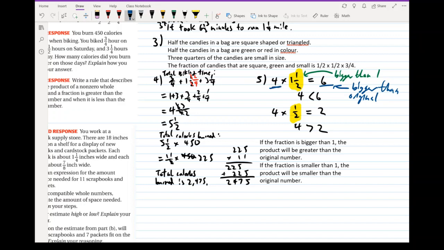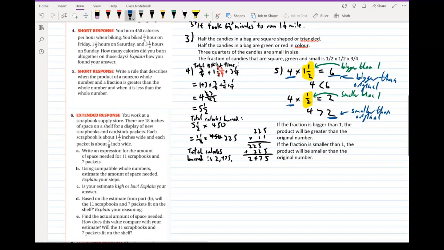And then our fraction for this one, half, is smaller than 1, and so the result, 2, will be smaller than the original number 4 over here. So hopefully that makes sense. And that applies to all fractions.